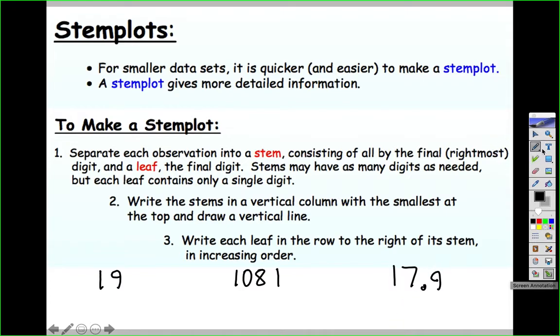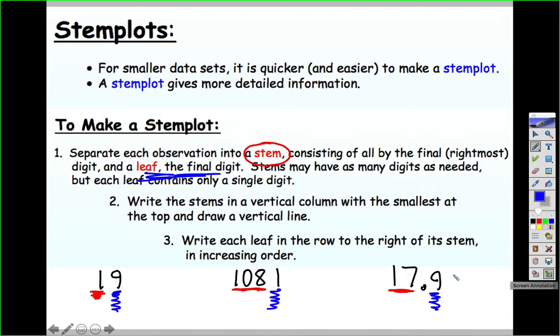If I was going to separate stems and leaves, the stems I will put in red. Stems will be red. A stem is every digit except the last one. So it is the 1, the 108, and the 17. A leaf is only the final digit. So a 9 would be a leaf, the 1 would be a leaf, or even though there's a decimal point, the 9 would be a leaf.